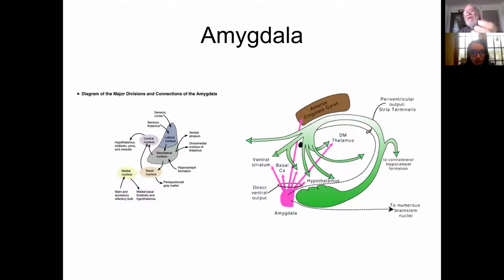reward type behaviors. So what they have in the cage are two little holes, and a mouse is in the cage, and it nose pokes. It puts its nose through one of the holes. When it does, all of a sudden, a bolt of blue light goes into and activates the nodose ganglion.